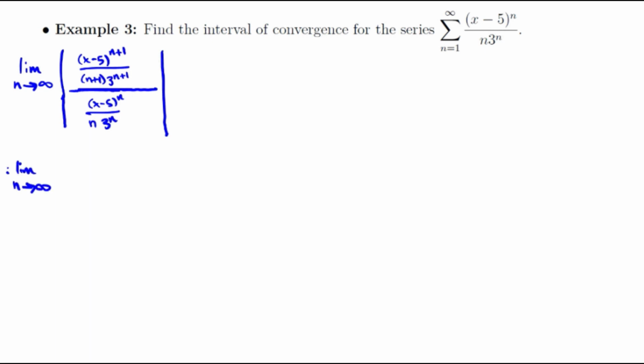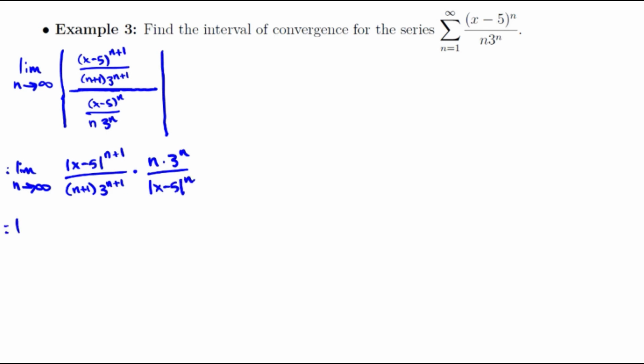So n plus 1, n, 3 to the n plus 1, 3 to the n, none of those could ever be negative. So we're only going to put the absolute values on the x minus 5 up here and down here. So this is going to be the absolute value of x minus 5 to the n plus 1 divided by n plus 1, 3 to the n plus 1, times the reciprocal of what we have down there, absolute value of x minus 5 to the n.